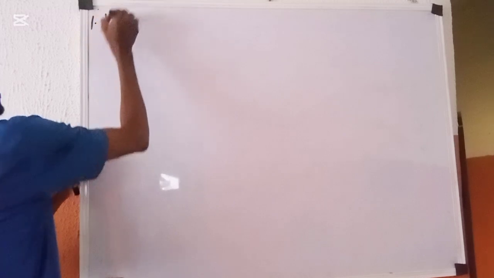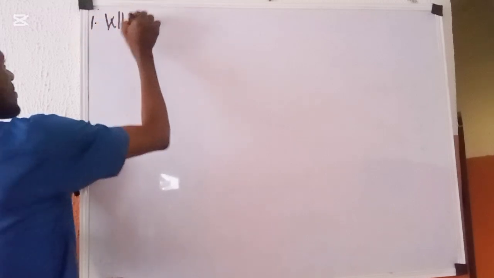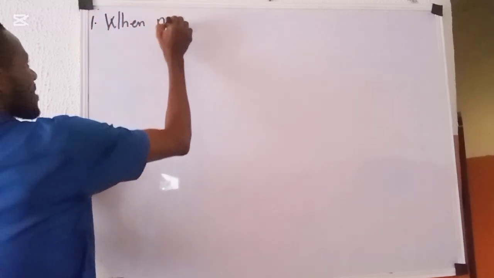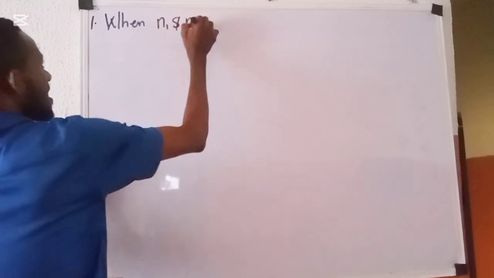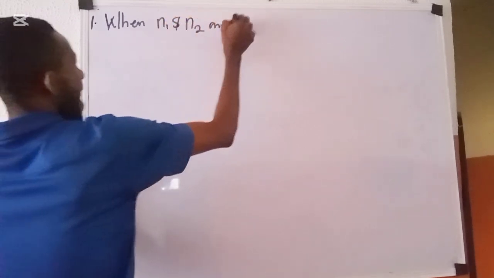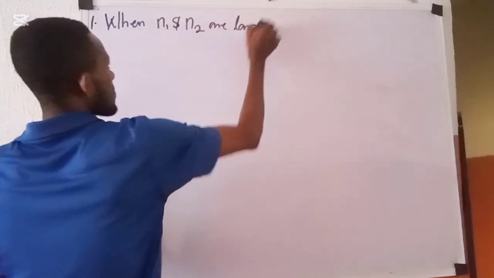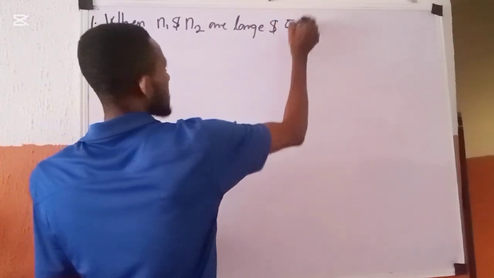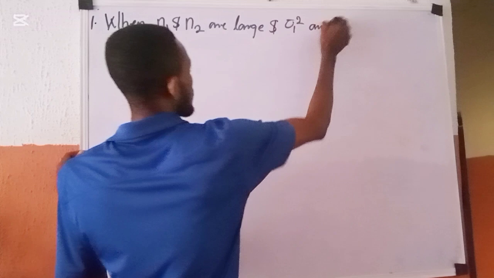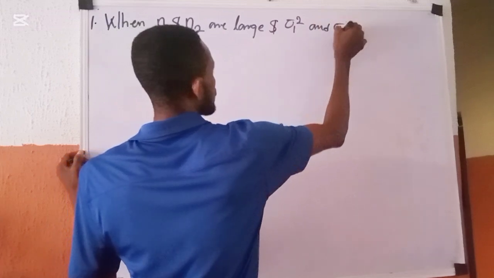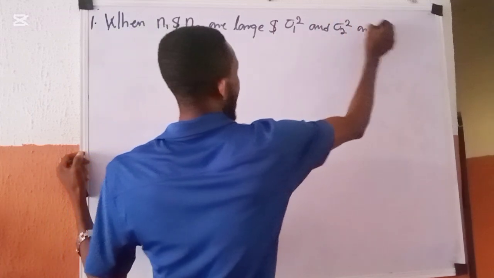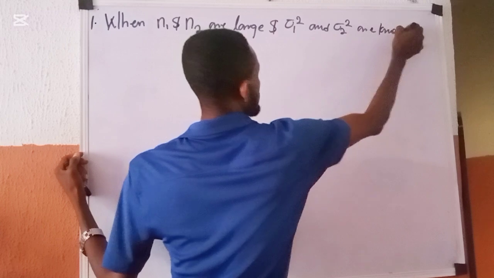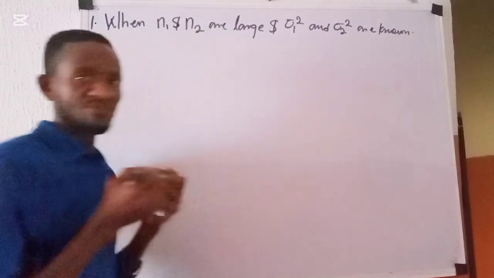You see, when N1 and N2 are large, and sigma 1 squared and sigma 2 squared are known. This is the first condition.